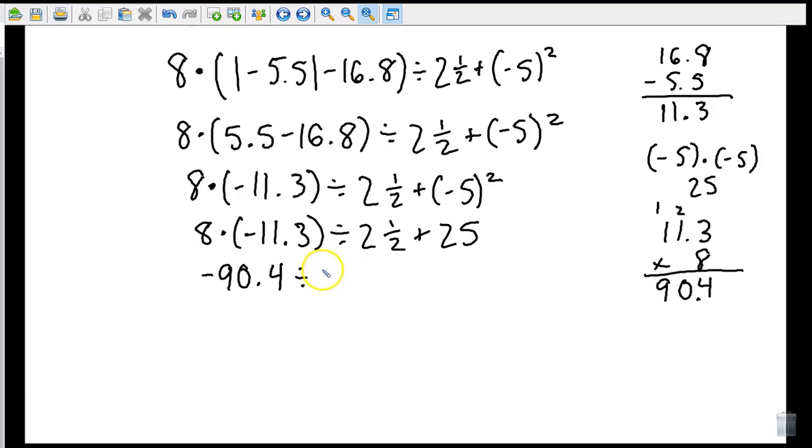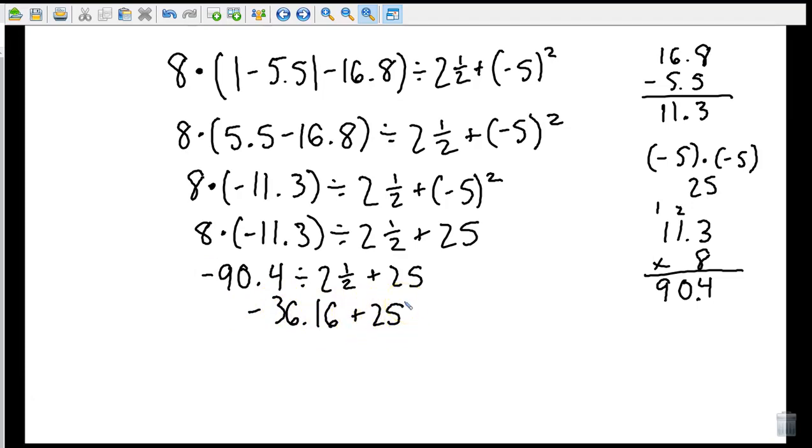So I get negative 90.4 divided by 2 1/2 plus 25, okay? Now I'm just gonna make this short and sweet because I'm running out of time. So negative 90.4 divided by 2.5, because that is what 2 1/2 is as a decimal, gives me negative 36.16 plus 25.